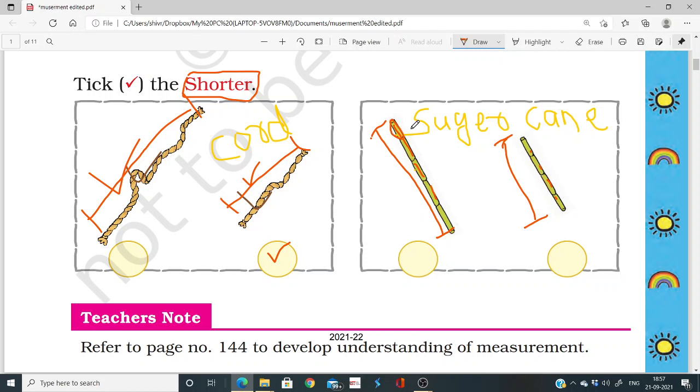This one part is higher than this 4. Also the length of this sugarcane is more than, or longer than, this, therefore this is shorter and this is longer. We have to find out shorter, therefore the second one is shorter.